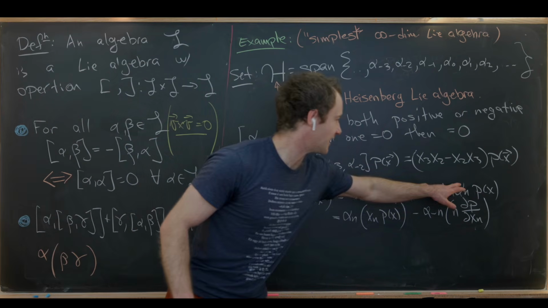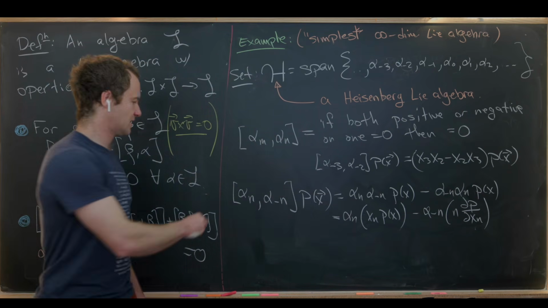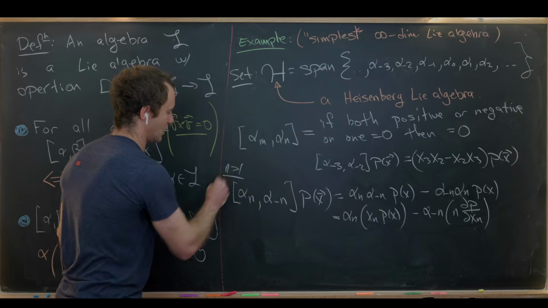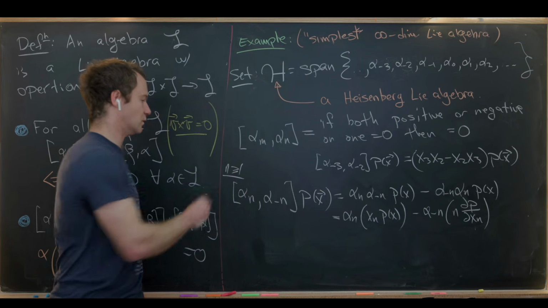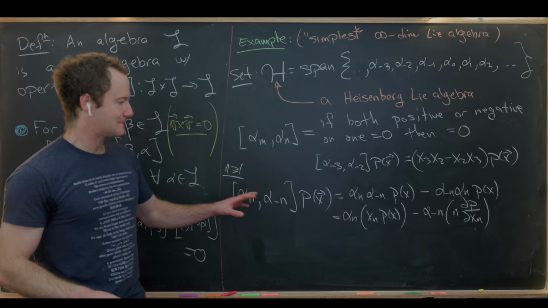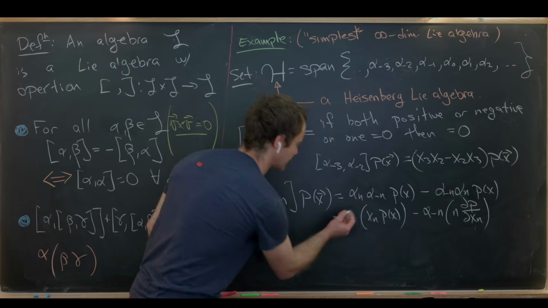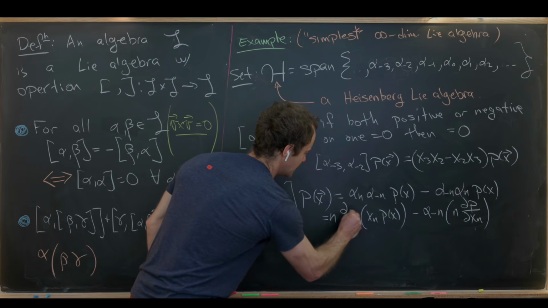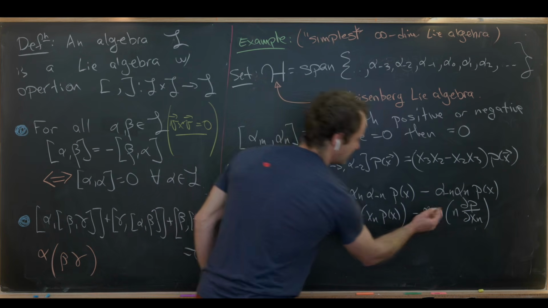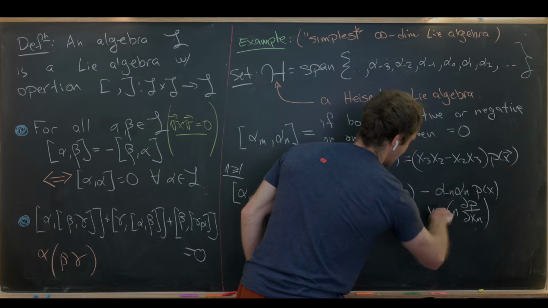That's what this alpha n does. I should say here n is greater than or equal to 1. Recall that alpha n will mean take the derivative and multiply by n. And then this says multiply by xn.